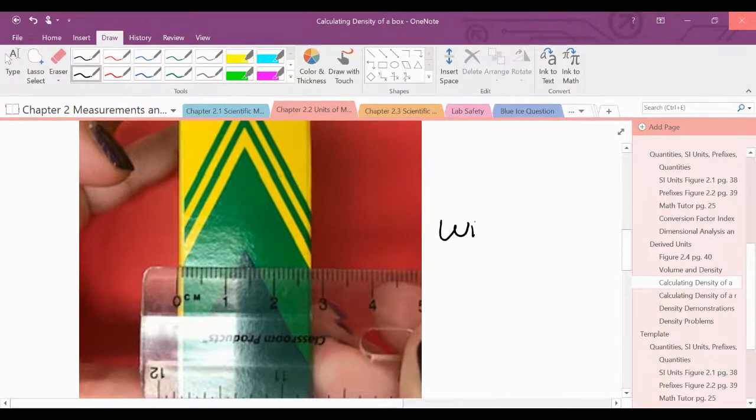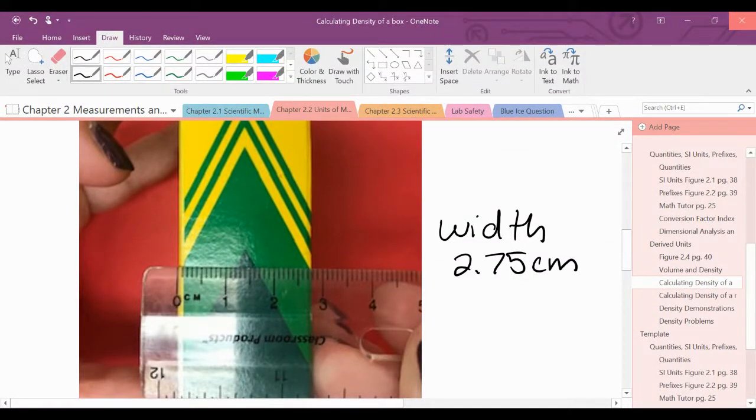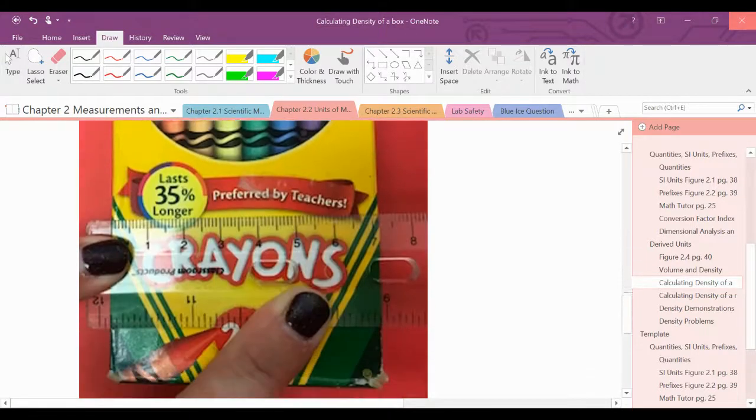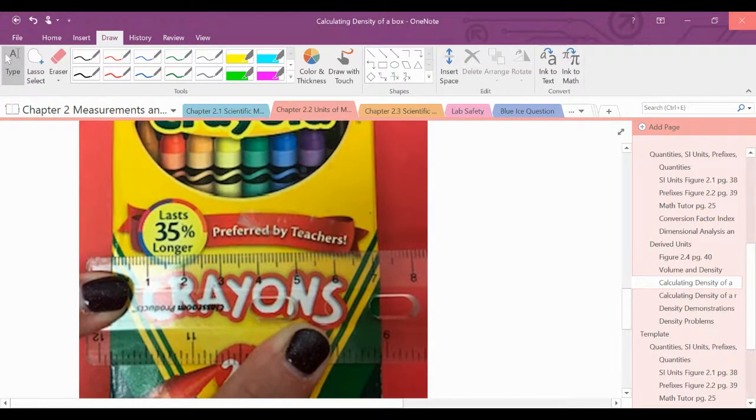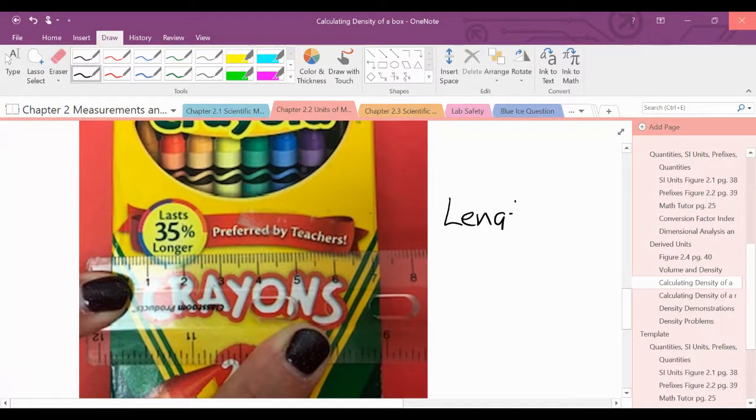So the width of this box is 2.75 centimeters. I am recording the measurements using sig figs, which is something we will talk about next week. And then we have the length of the box. Oops, I keep pressing my eraser.